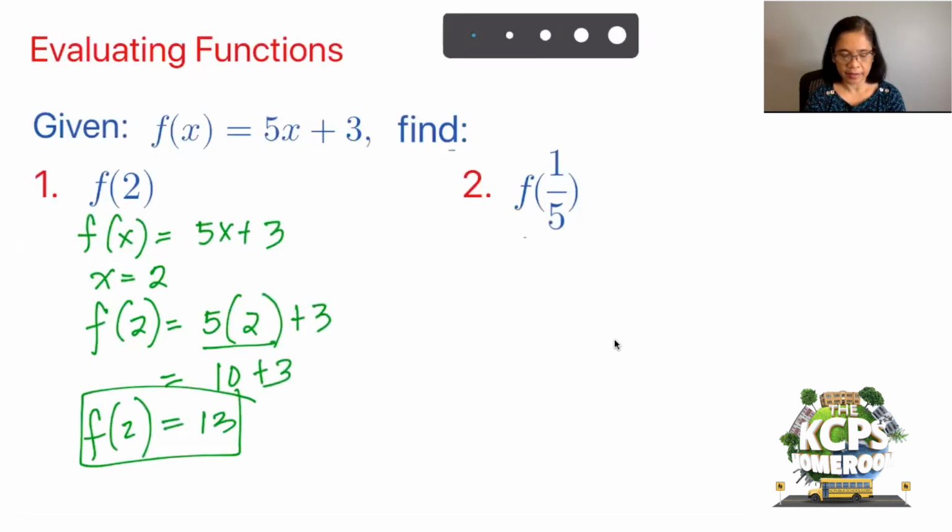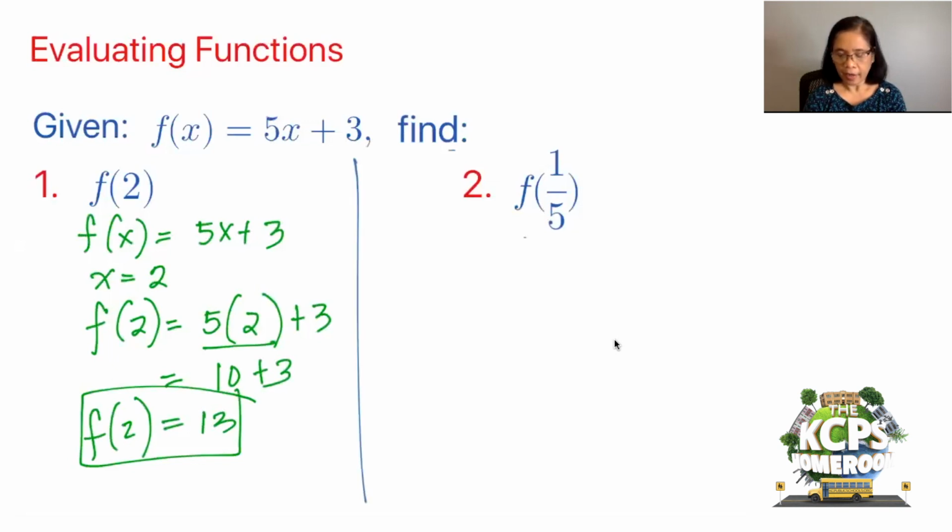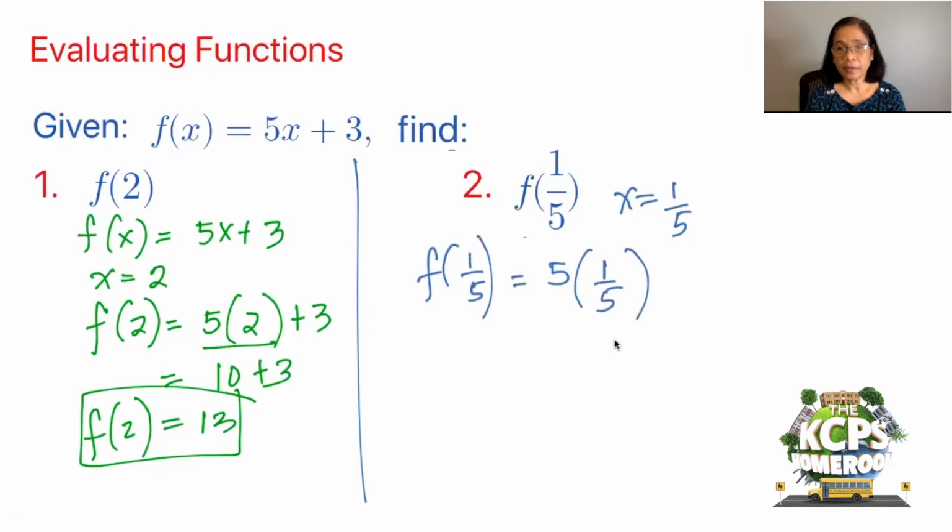Okay, next. When we are asked to evaluate the function when x is 1/5, this simply means that we substitute 1/5 for x in the function f of x, which is 5 times x plus 3.